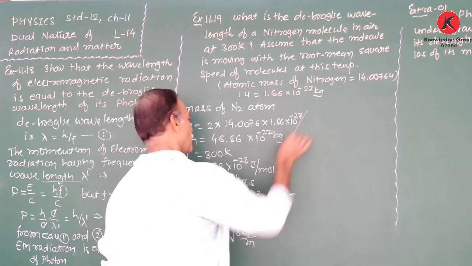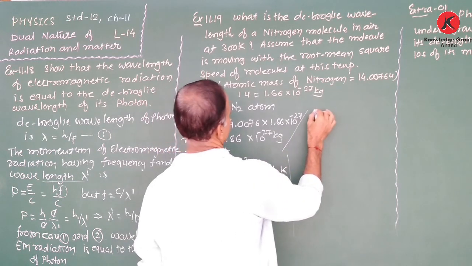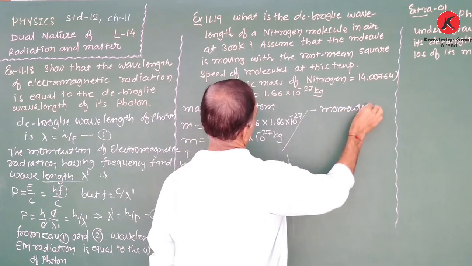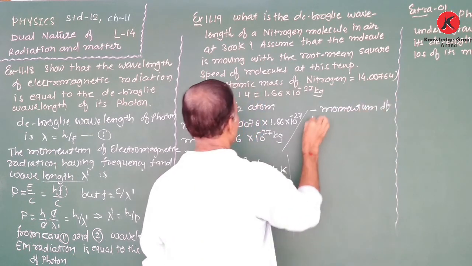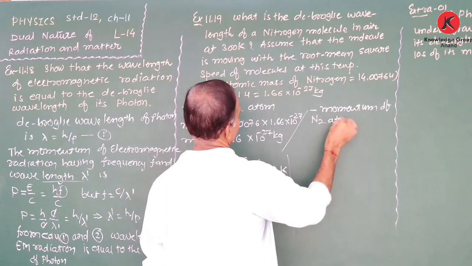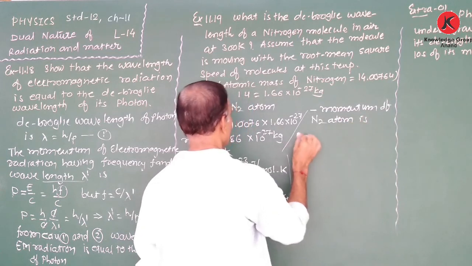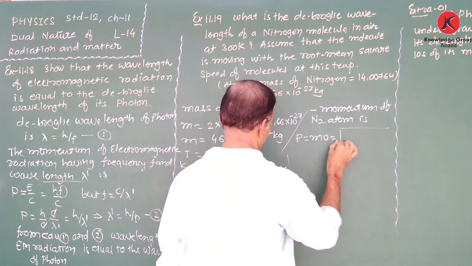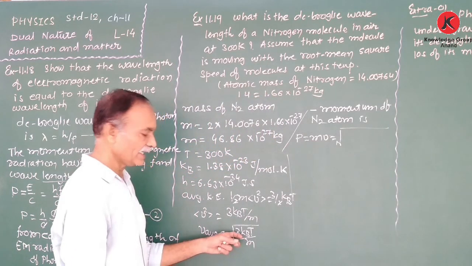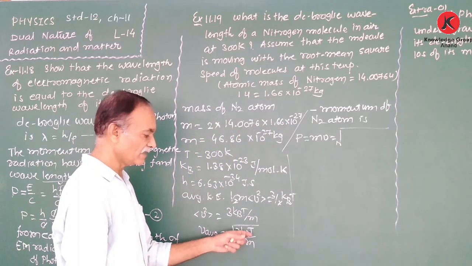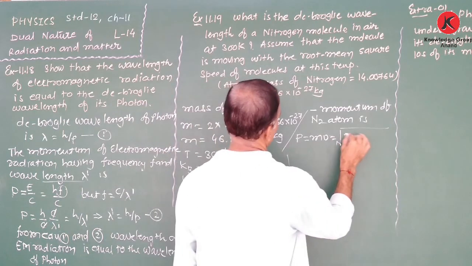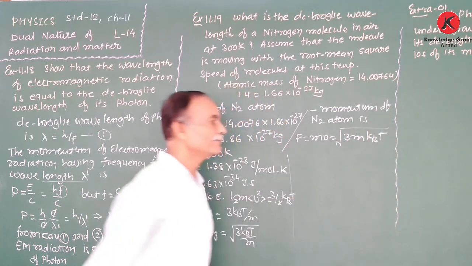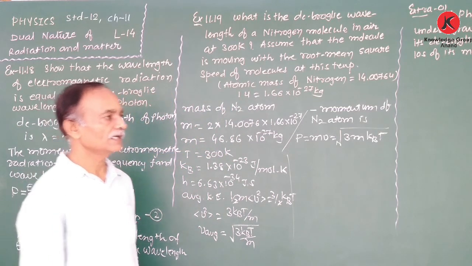Therefore, momentum of the N2 molecule is p is equal to m v, therefore under root of, here we take the m inside, m square, one m cancels, therefore 3 m kB T. Clear this?